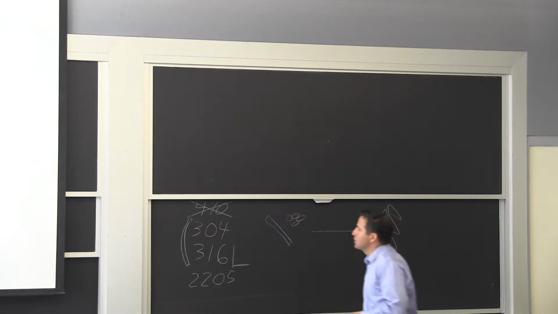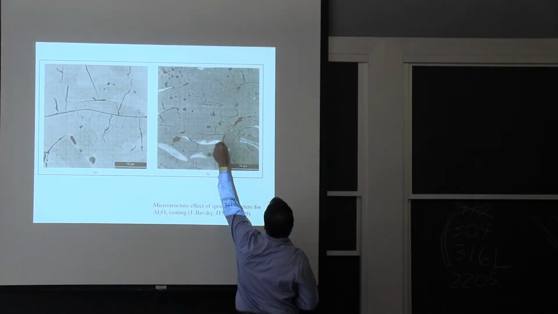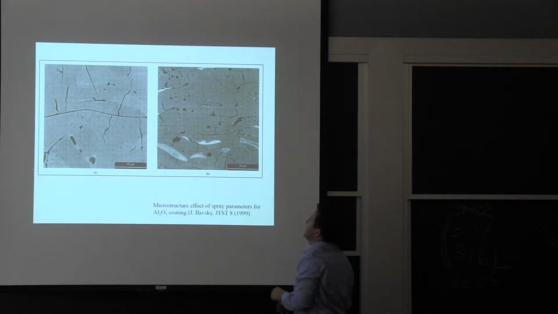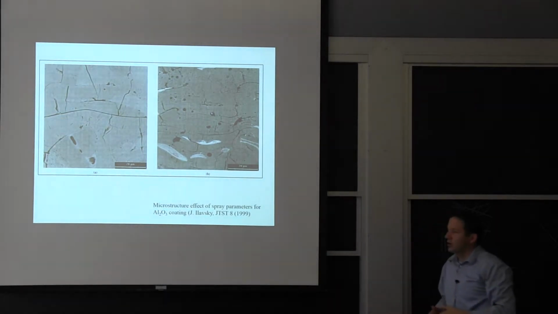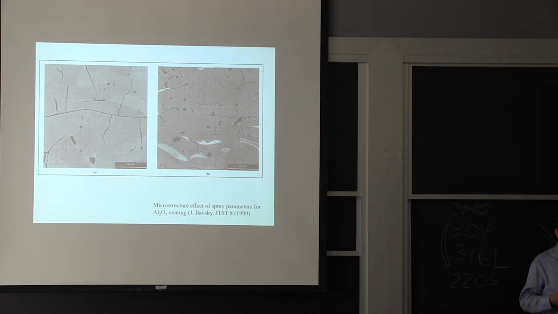It's an example of structure here, a ceramic, and you can see some very, very tiny cracks between the different splats. Now, we could think of these as being a problem, although because the ceramic has such a lower thermal expansion coefficient than the bulk alloy, having some cracks can actually increase your apparent thermal expansion coefficient.